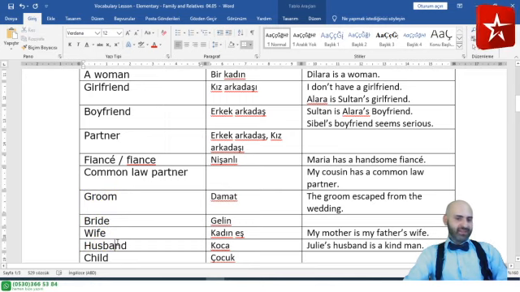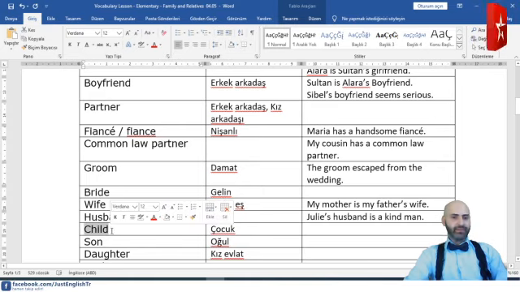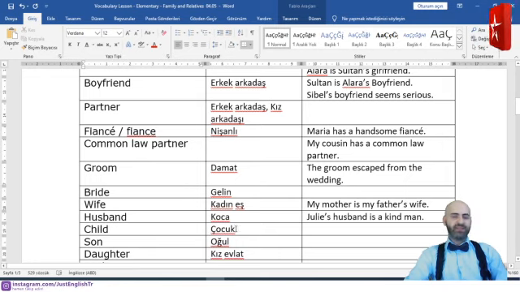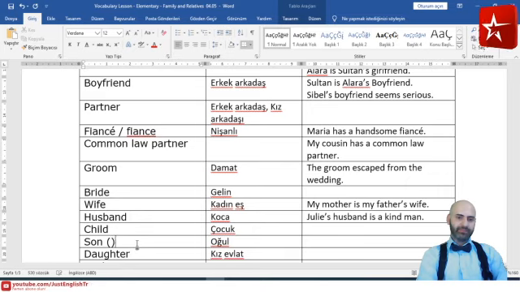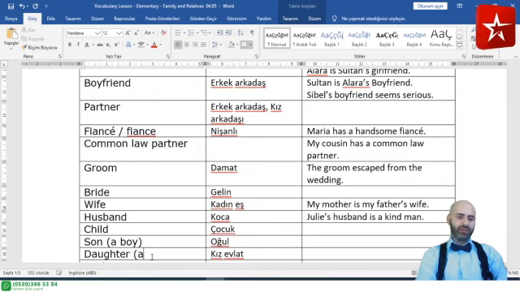Wife and husband give birth to a child. Child, this is for boy or girl, it does not matter. But son is a boy child, and daughter is a girl child, okay?